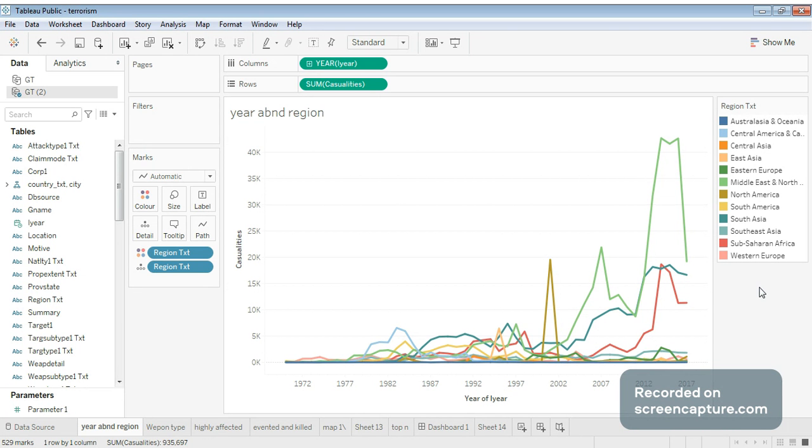It is a blend of number of years and the casualties that have happened. This chart shows us the trend of how global terrorism was increasing in specific regions like Australasia, Central America, Central Asia, Eastern Europe, and all of these regions.